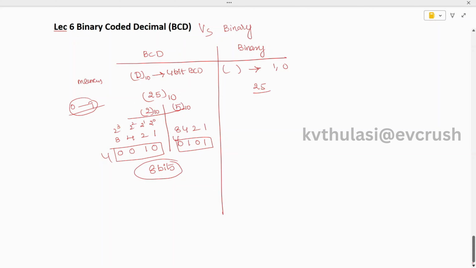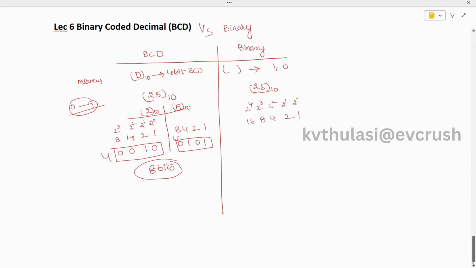But 25 as one number in binary can be written using 2 to the power 0 up to 2 to the power 4, with weights 16, 8, 4, 2, 1.